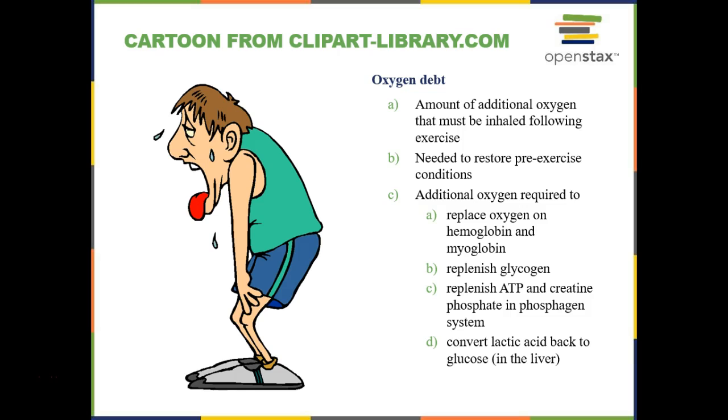All the creatine phosphates have been oxidized and have lost their phosphates, dephosphorylated. And so we need to add phosphates back. We need to convert any lactic acid in the liver back into glucose, so that we get rid of that toxic material that could potentially harm our cells.